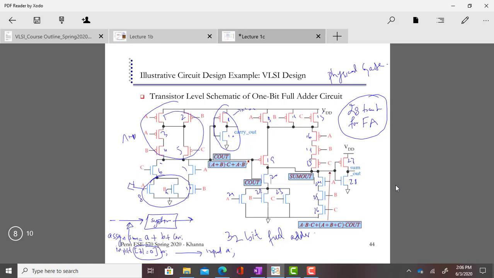We will see the structures of how we develop AND, NAND and all these kinds of gates. But they are physical gates, and they are what is found in your library.